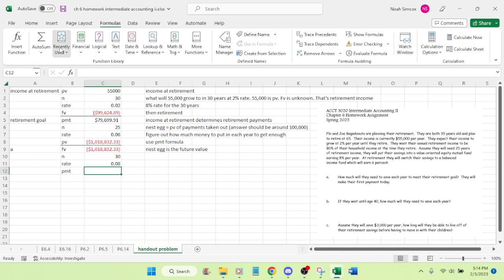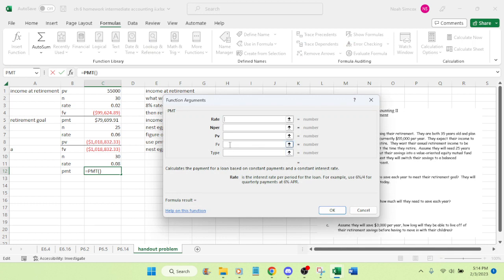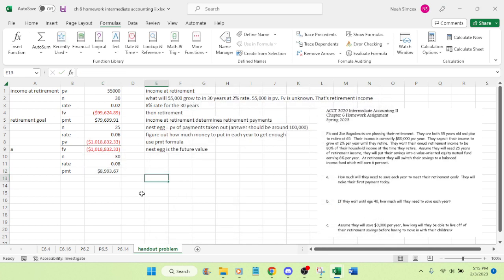Formula, FV, N, rate. So if you make a payment of this every year for 30 years, at this rate, it will grow to $1 million.